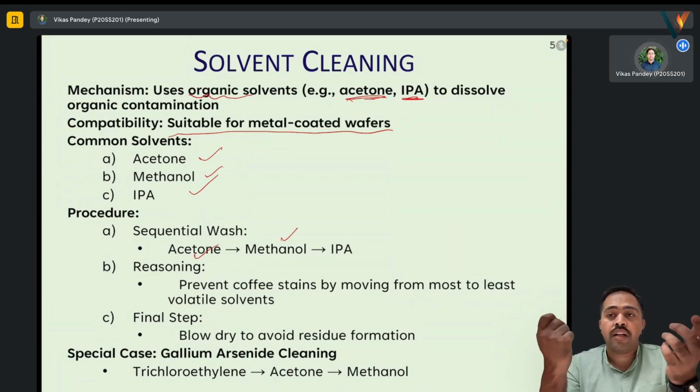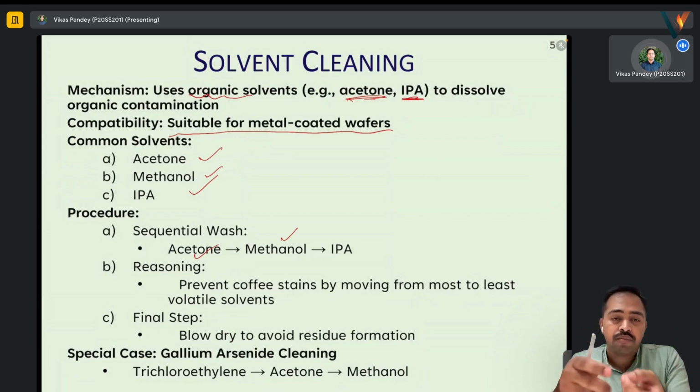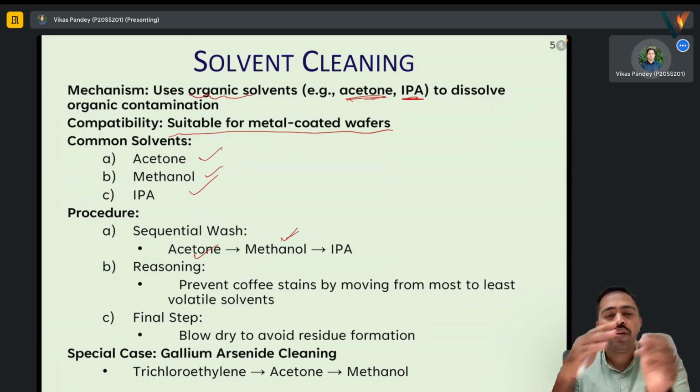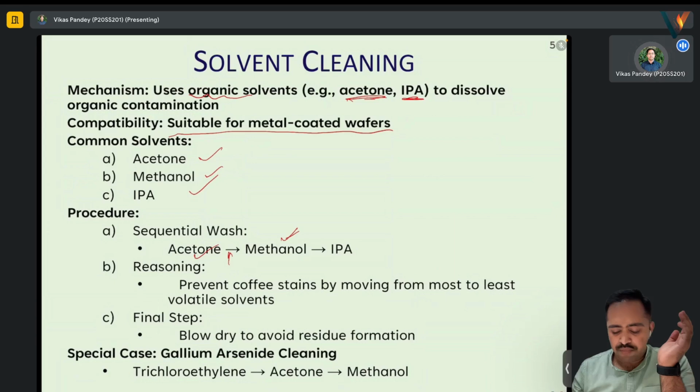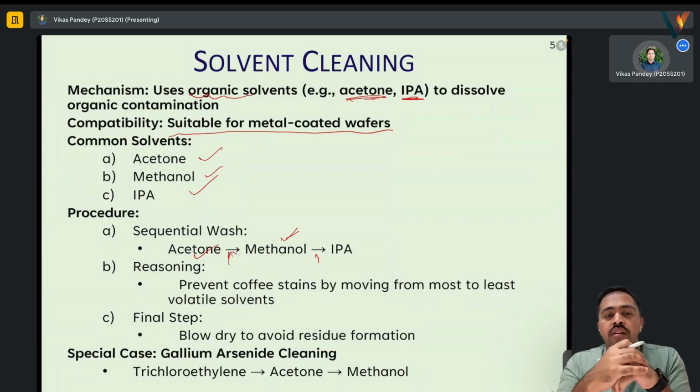Then again taking it out, rinsing with DI, drying it, then again an IPA dip. It is sequential, and in each step there will be a DI rinse, and then drying with dry nitrogen.